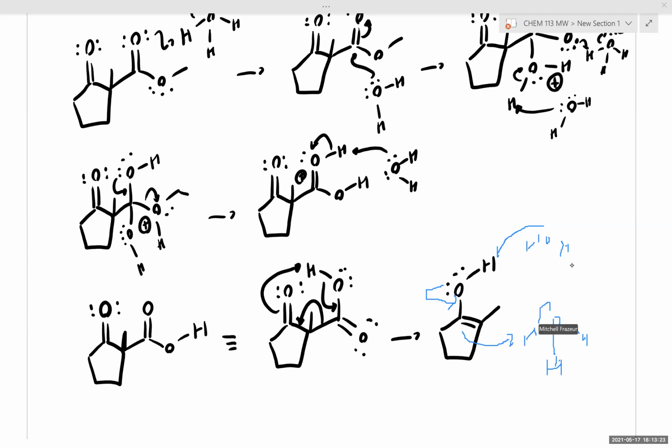So in this tautomerization step, we pull off a proton and then we protonate our enol at carbon.